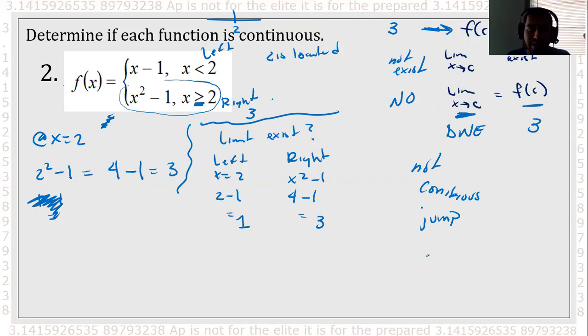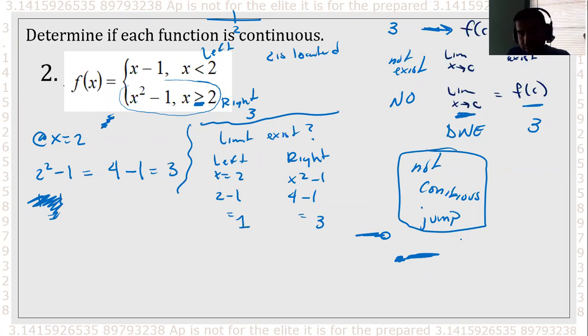So that's how I know this piecewise function has a jump, because it was probably here and then it was probably here on my function. Does that make sense? So it's not continuous. That is our answer, guys. Not continuous because it has a jump at x equals 2. Any questions, guys?